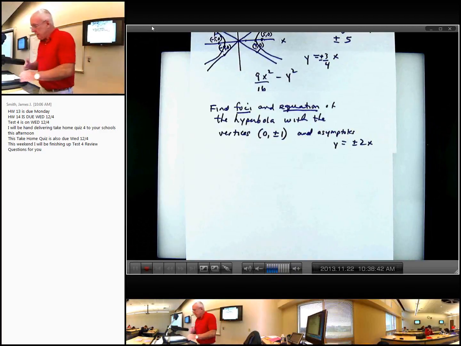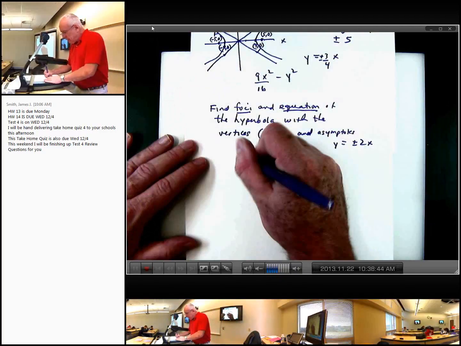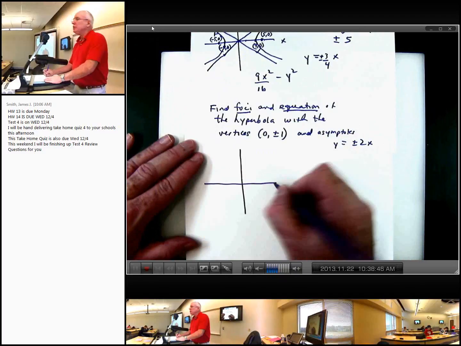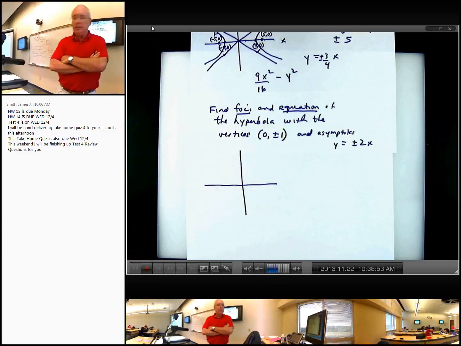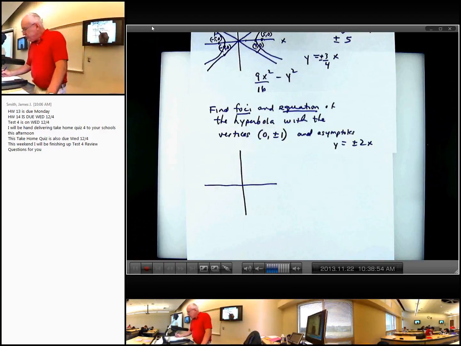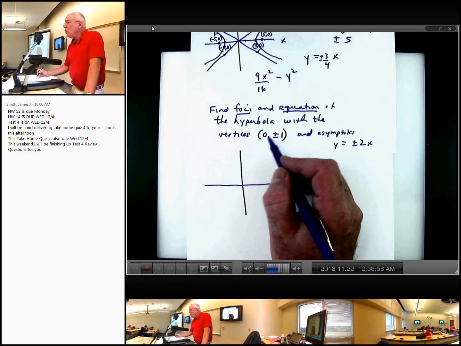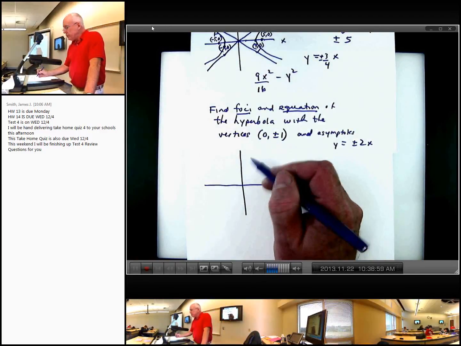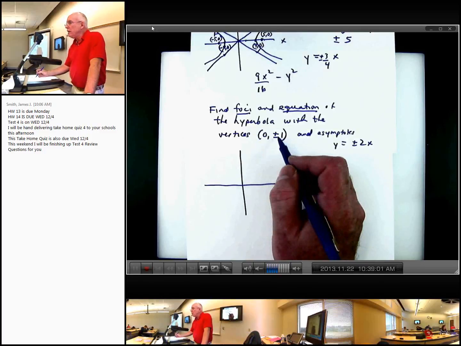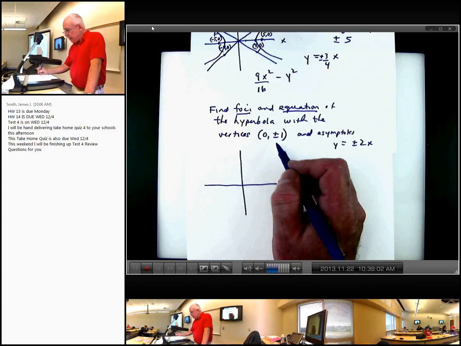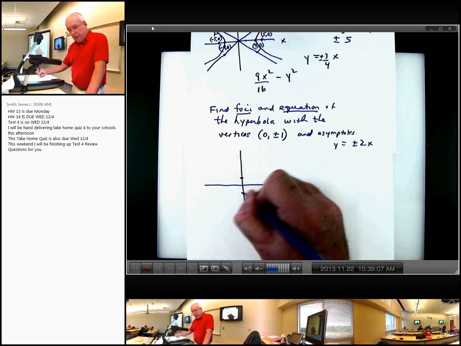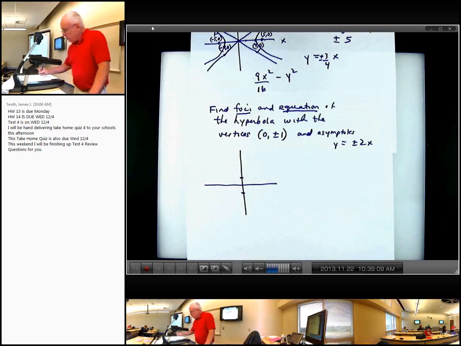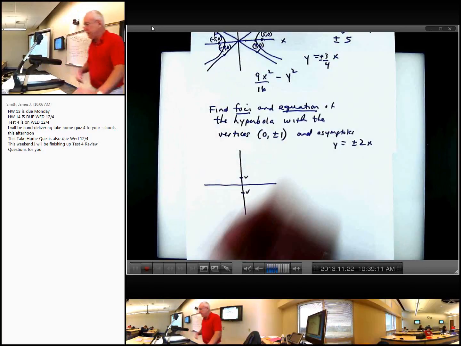All right. What always helps with these problems is just to even sketch what you can, just from the initial information that you're given. The vertices here are along the y-axis. Notice it's x is 0, y is 1, x is 0, y is minus 1. So here's one vertex, and here's the other one. Okay, V and V, like that.